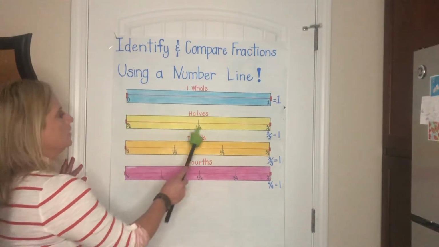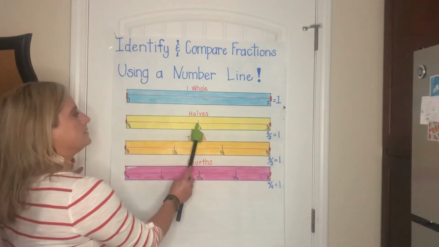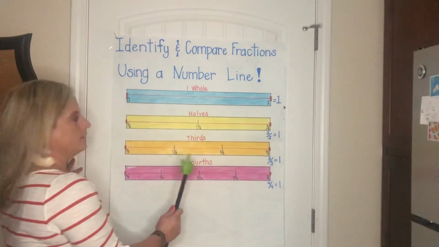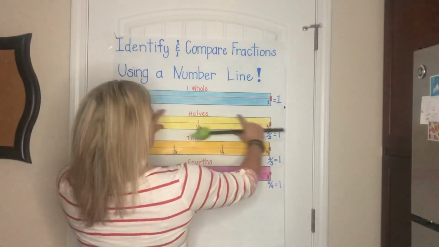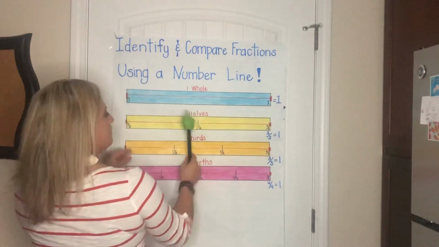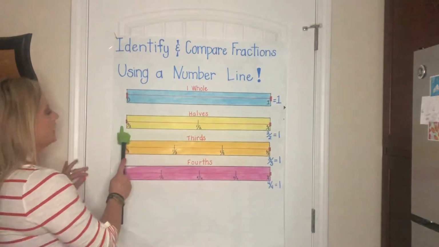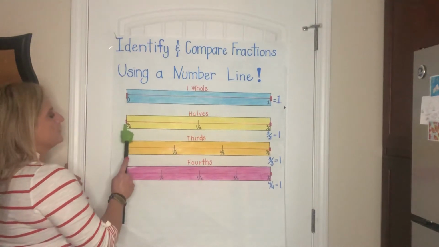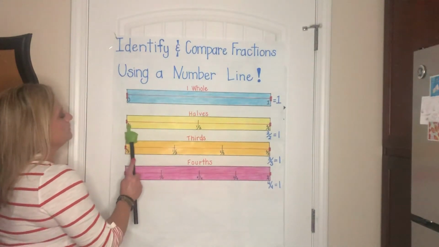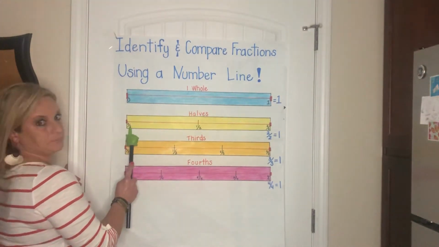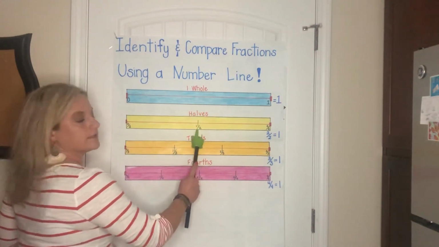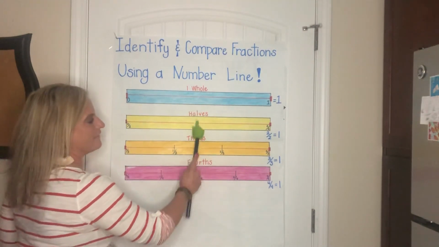So here, I took my number line and I split it in half, okay? So the one whole became 2 halves. Right here on my number line, instead of just saying 0, it would be 0 halves. In the middle, it's going to be 1 half, because that's half of it.